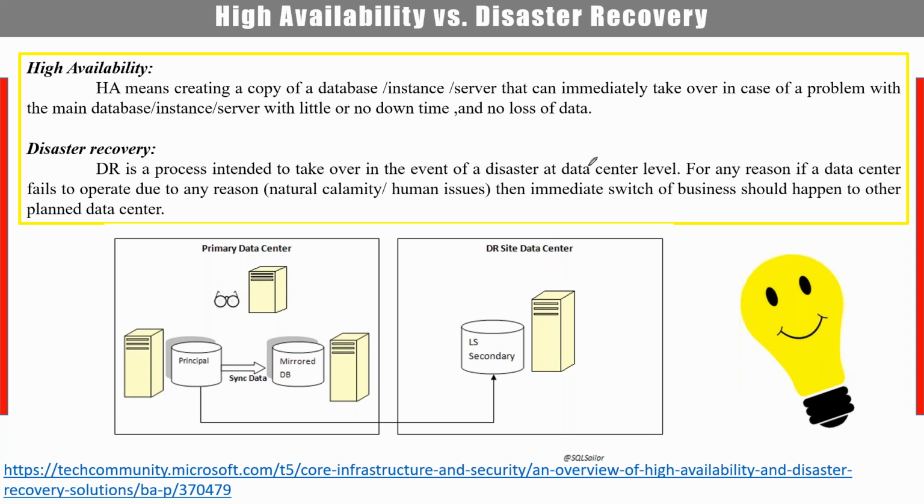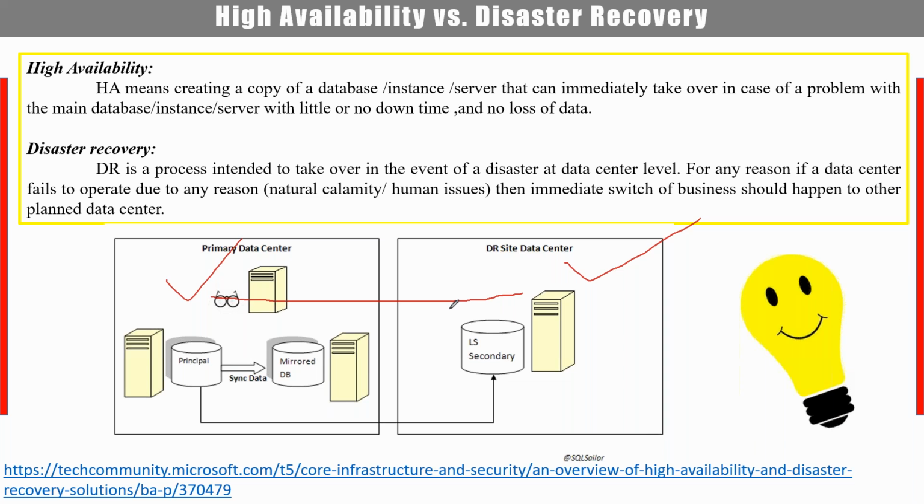High availability means within the same data center, because if we keep a server in another location, you need to consider the distance and bandwidth. What is the distance between your primary data center and secondary data center, and what is your network bandwidth speed to transfer the data?